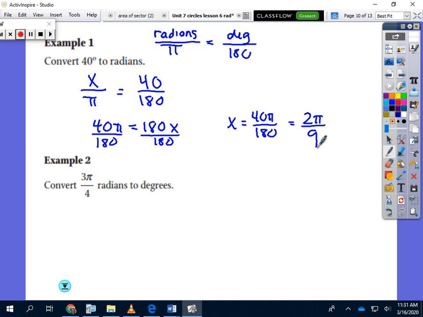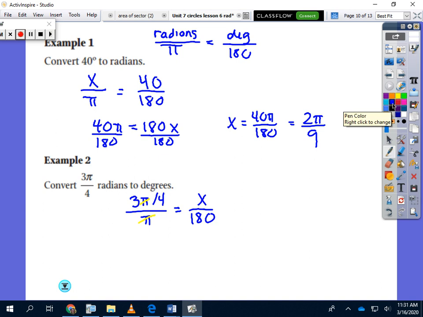Okay, and then you're going to convert 3 pi over 4 radians to degrees. So now I know radians, but not degrees. So 3 pi over 4 divided by pi is going to be x over 180. Now, looking at this, I can see right away that I don't need this pi, because that pi cancels out that pi.